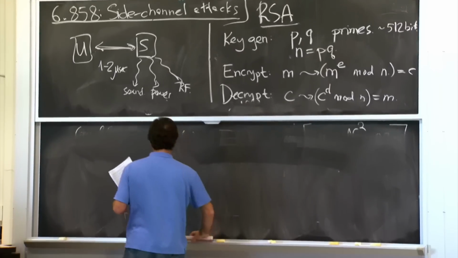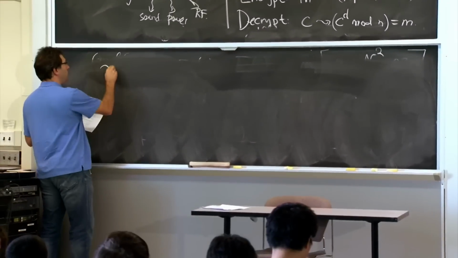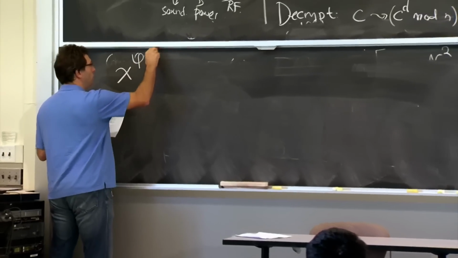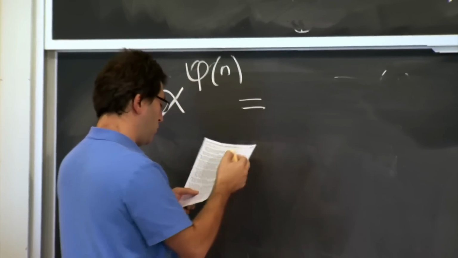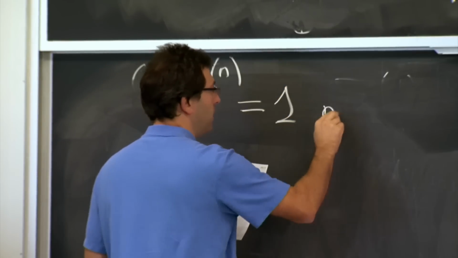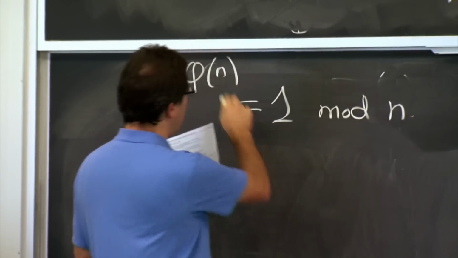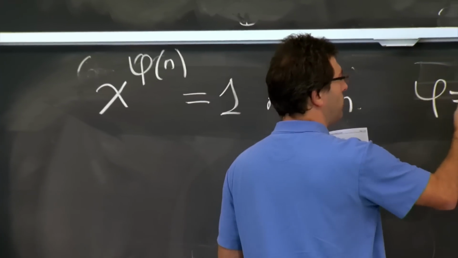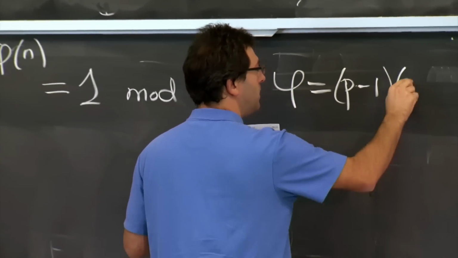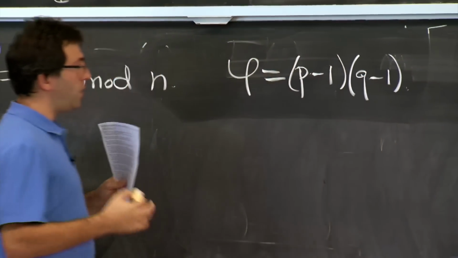This seems actually important. If you take x and raise it to phi of n, this is going to be equal to 1 mod n. And this phi function for our particular choice of n is pretty straightforward. It's actually p minus 1 times q minus 1.